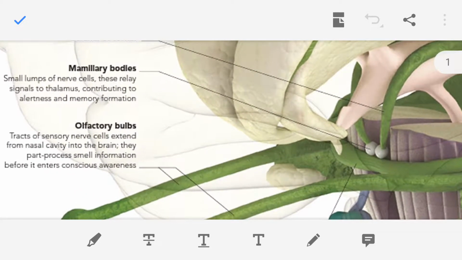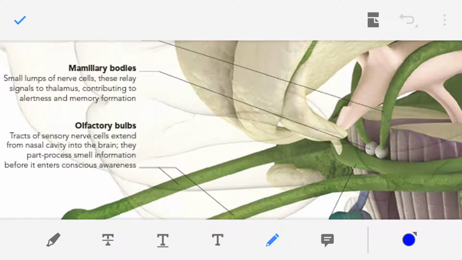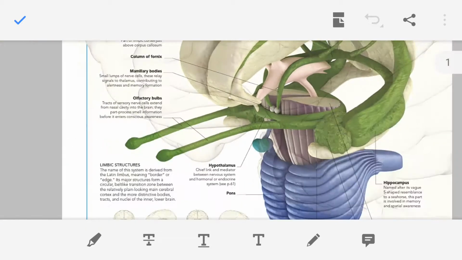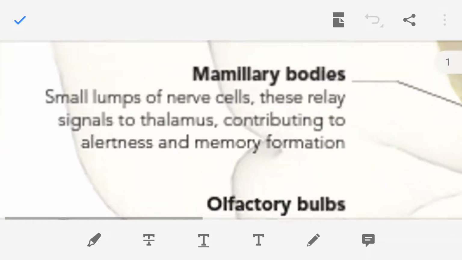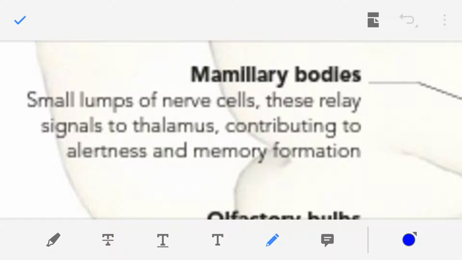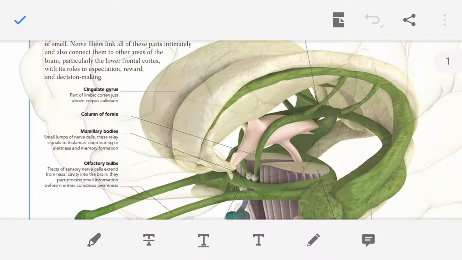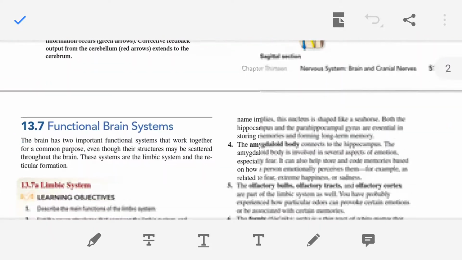For example, in this figure, see, mammillary bodies. See, mammillary bodies, small clumps of nerve cells. They relay signals to the thalamus, contributing to alertness and memory formation. Mammillary body.